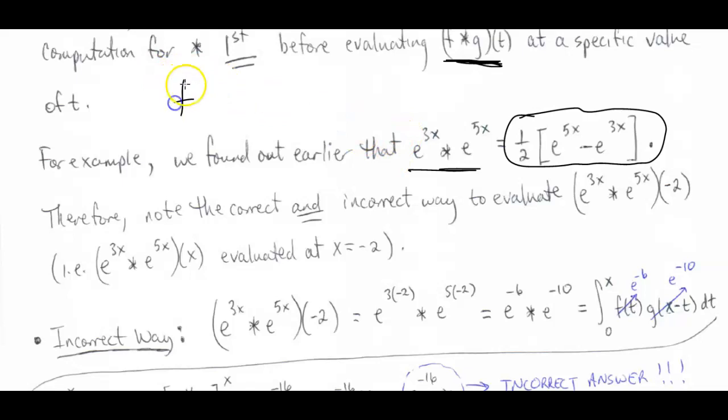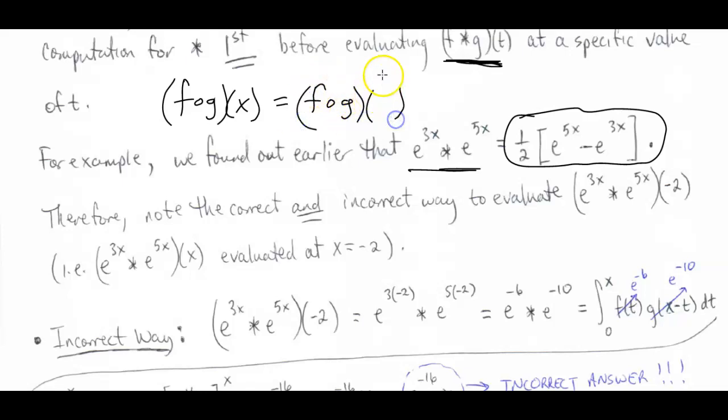So for instance, if we had the composition of two functions here, one way that I could evaluate this is to figure out what the composition of f and g is, and then after I get that answer, I plug in my value of x into it. Okay. So I could do that.